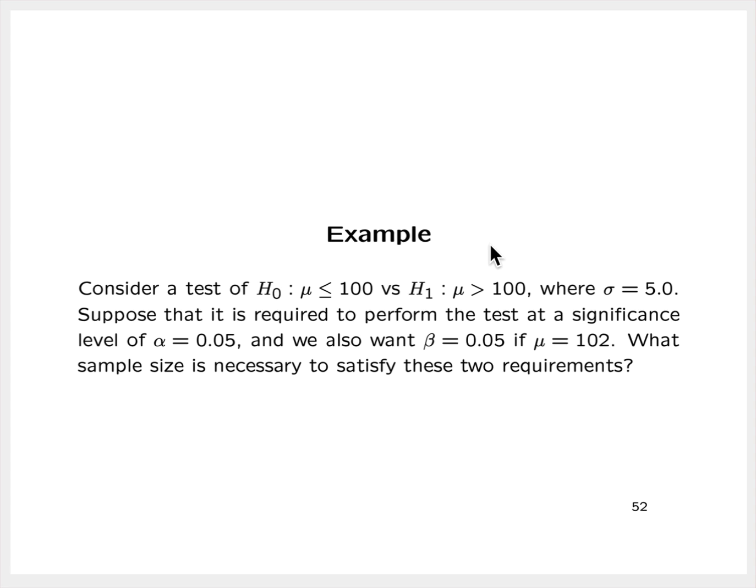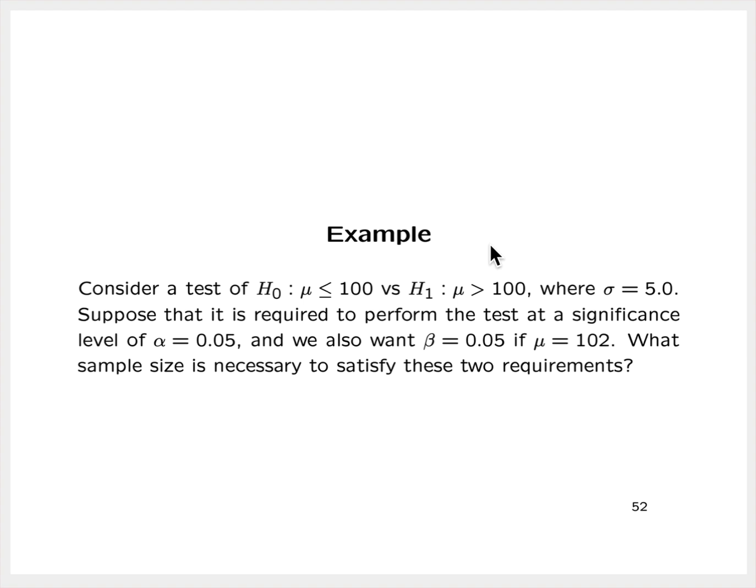On the other hand, if we were to raise alpha, we're allowing the probability of a type 1 error to increase so that beta, the probability of a type 2 error, would decrease. Well, that's what happens when we have a fixed sample size.